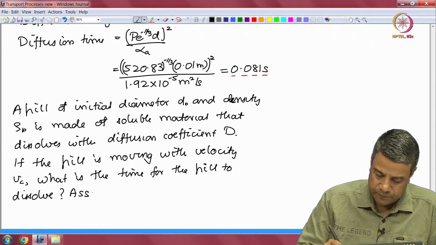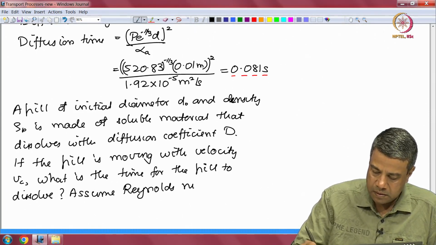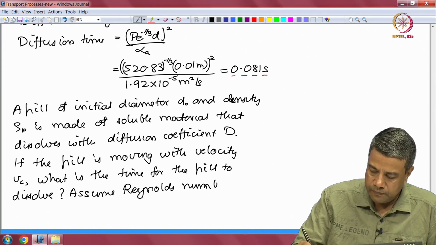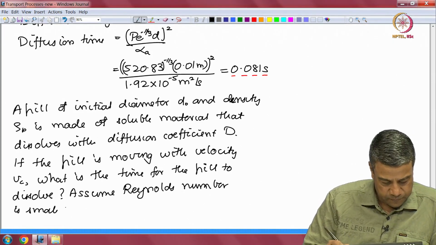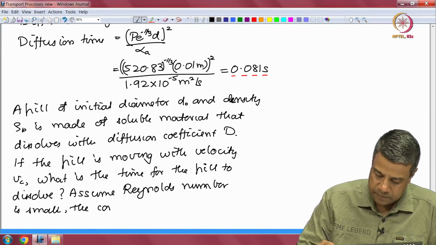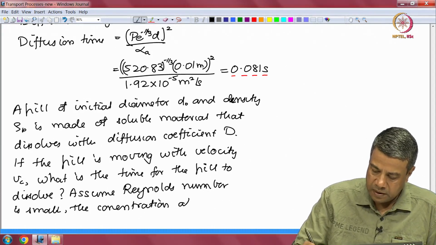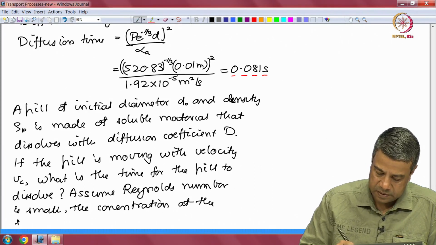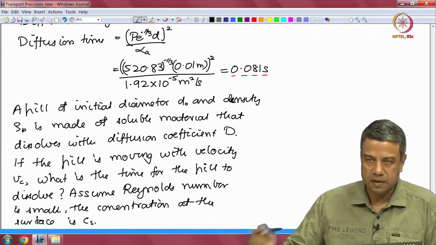Assume the Reynolds number is small, the concentration at the surface is Cs.